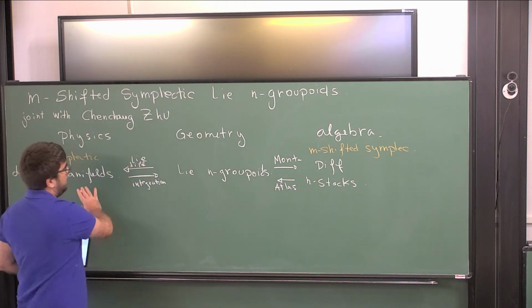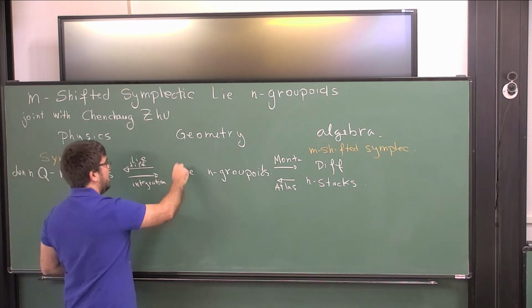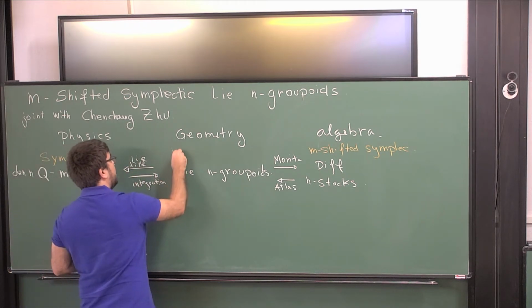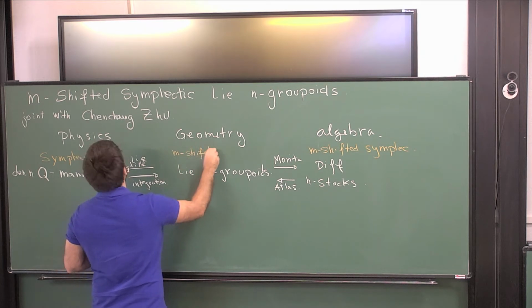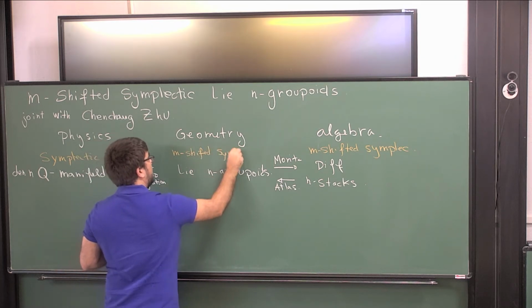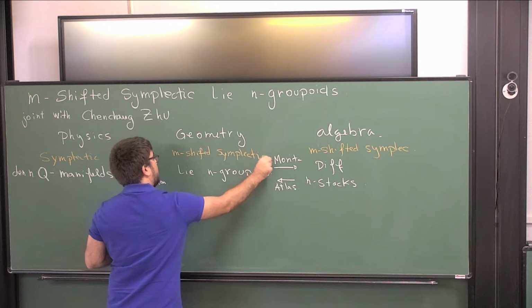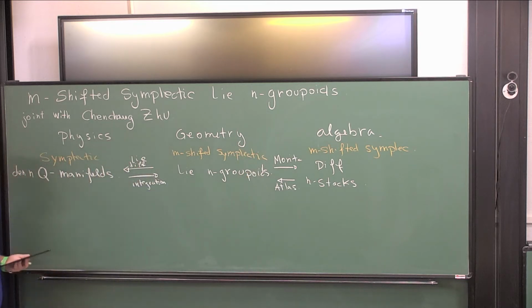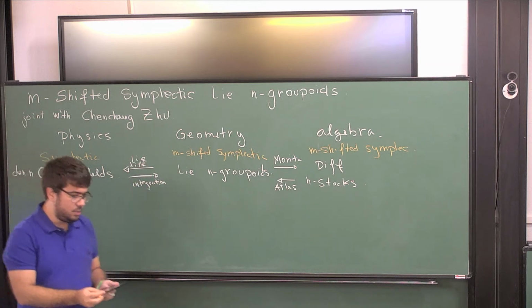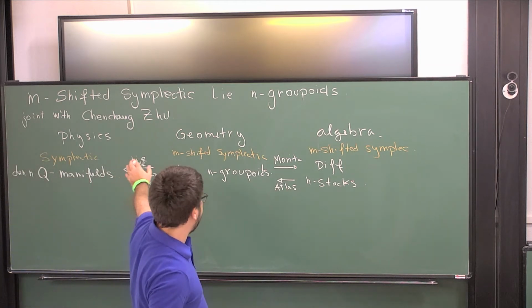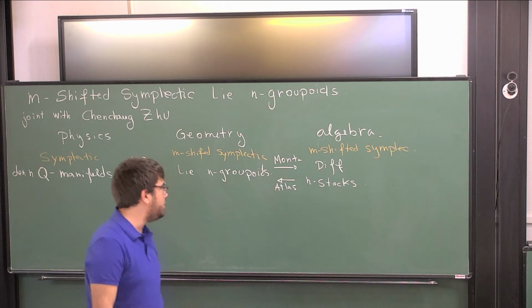But whatever, this is the idea that you should have in mind, that here you can put the n-shifted symplectic groupoids that I will talk about today in the middle, and more or less this diagram relates the three sides of the history. So on one side we have physics, geometry, and the other algebra.